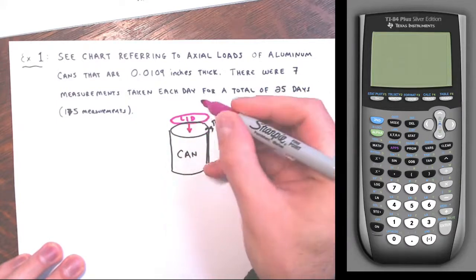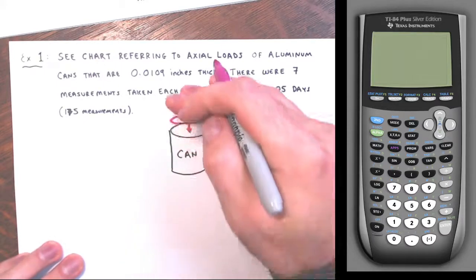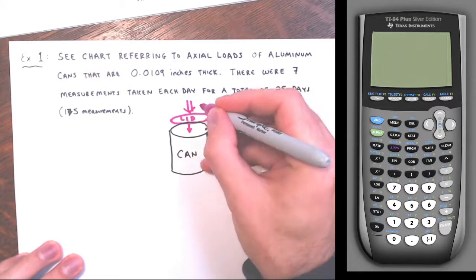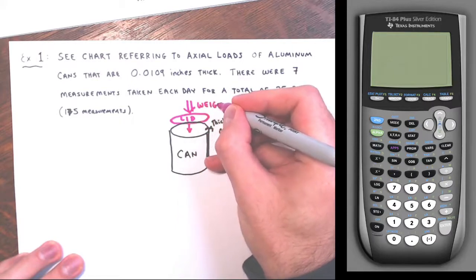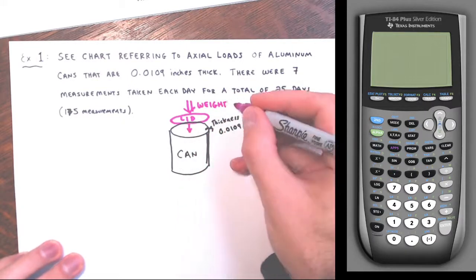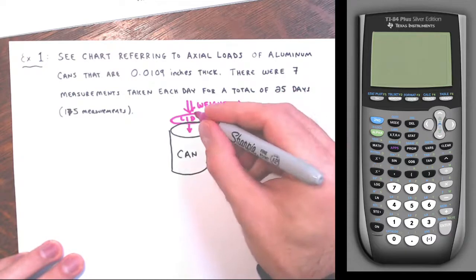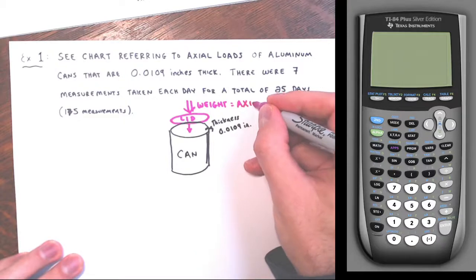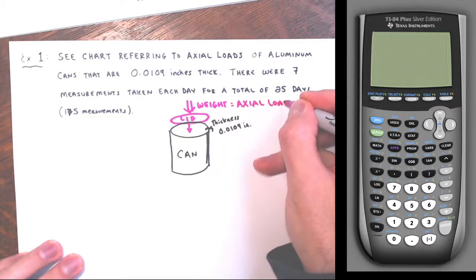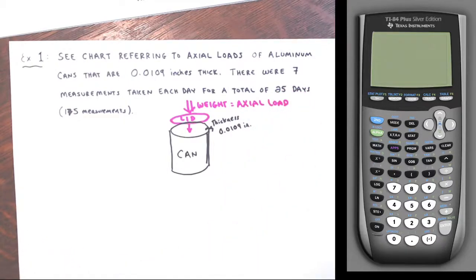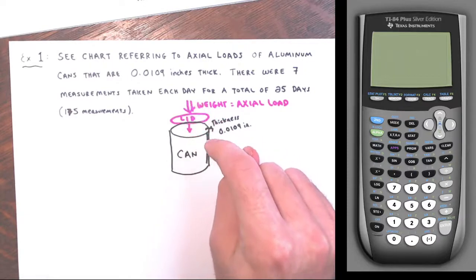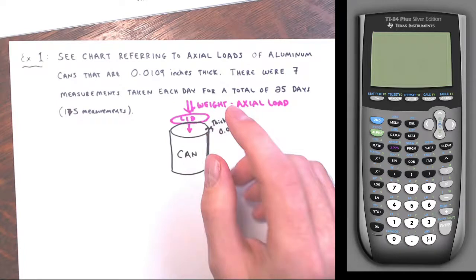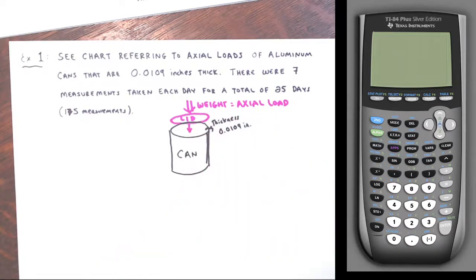Lids are pressed in by a machine, and the axial load is the weight, or the force, that's needed to press the lid onto the can, right? So if the weight's too high, the can will get crushed. If it's too low, the lid won't stay on securely.